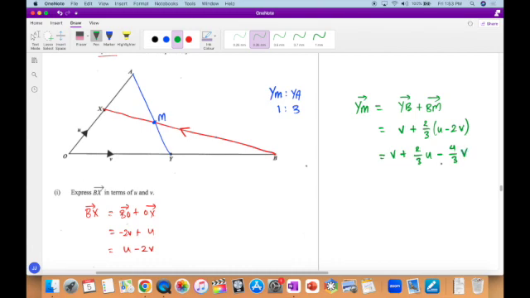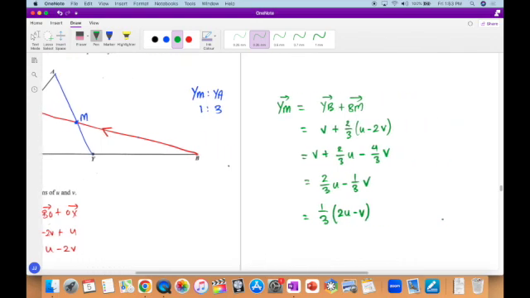So what do we have there is 1 minus 4 on 3, that is -1/3. So now I have 2/3 U minus 1 on 3V. And maybe I could pull the third out to give us 2U minus V. So we could see how that works.